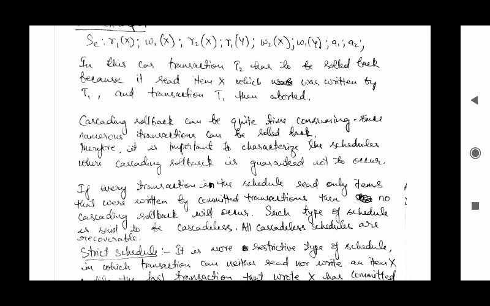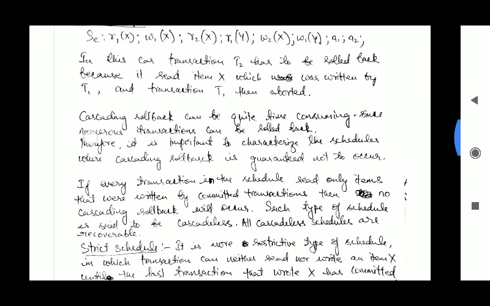Therefore it is important to characterize the schedules where cascading rollback is guaranteed not to occur.